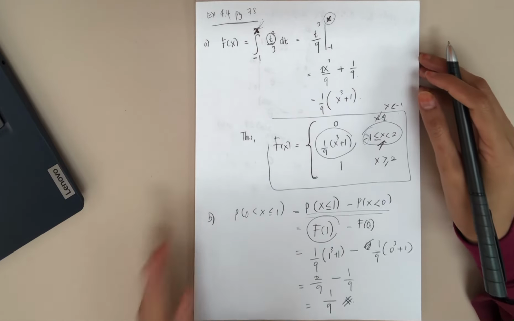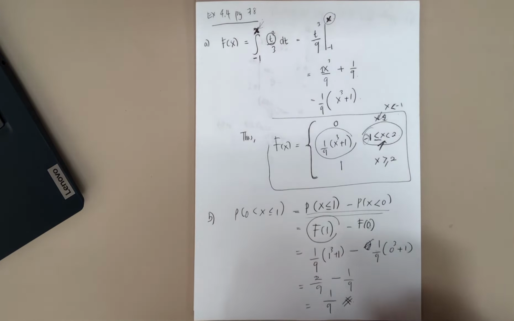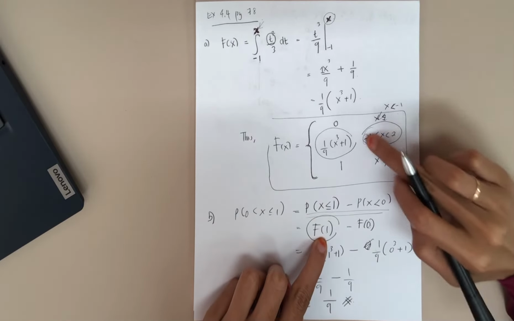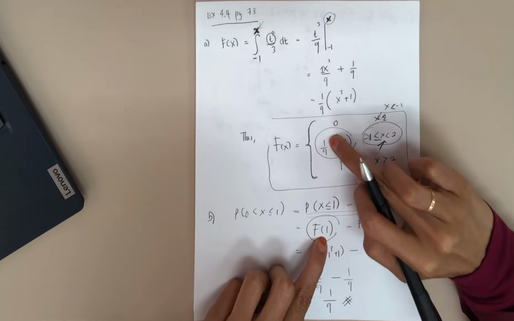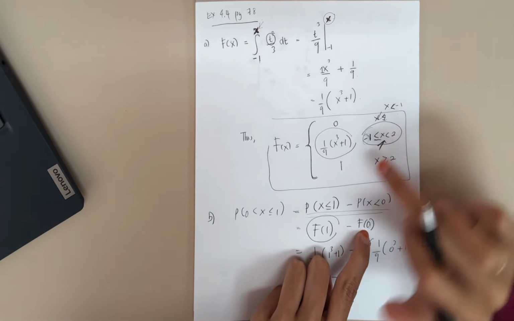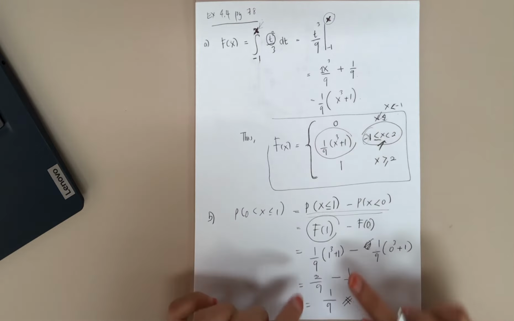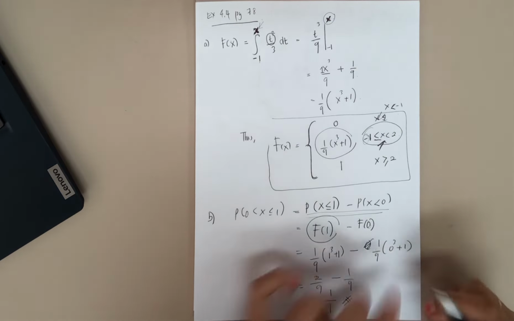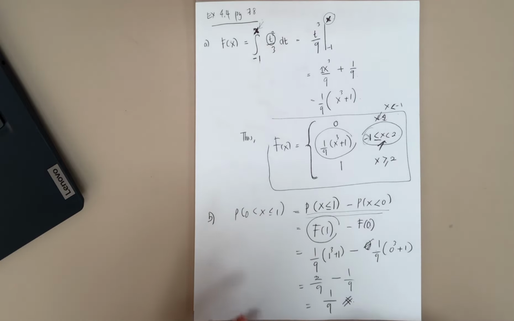Okay, as I mentioned, I repeat again. 1 is under this interval, so that's why we use this function. Same goes for 0. 0 also lies in this interval, so we use this function. What we do next is substitute 1 into x and 0 into x, then you calculate it and you will get the answer 1/9.